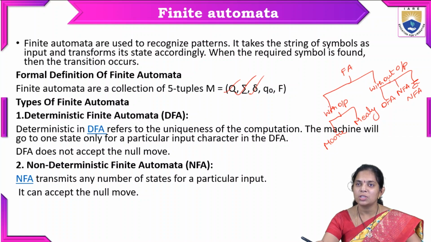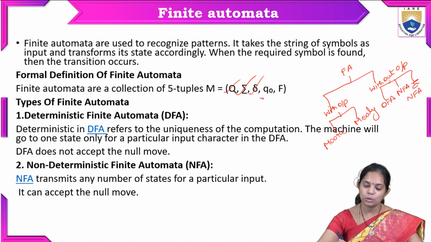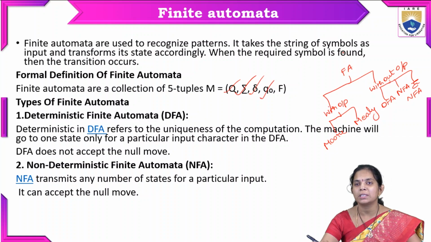The transitions are based on the language we are going to construct. Next, Q naught is the state where we start, the initial state, and F is the set of final states. F is not only a single state; there may be two or more final states for the given language. Based on the language, the states also change.